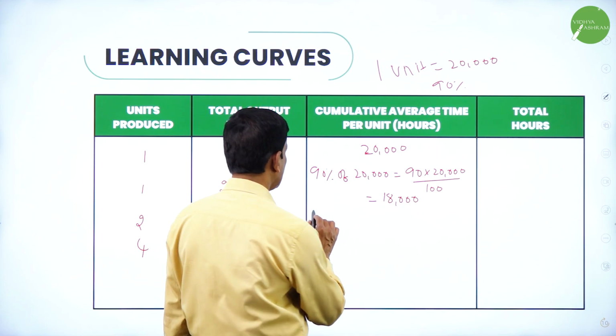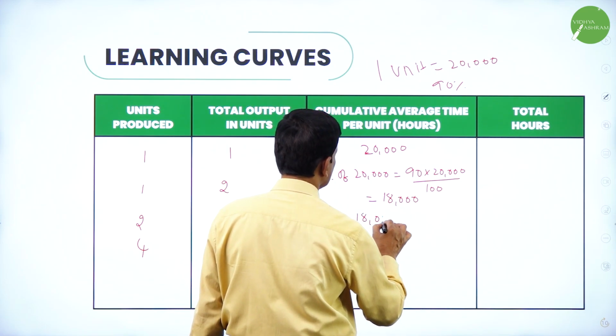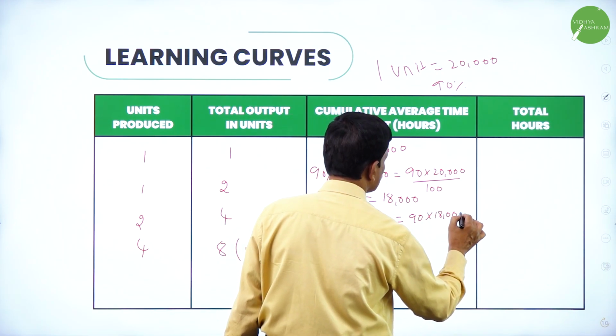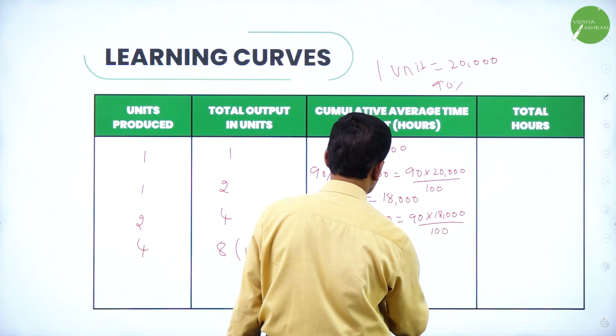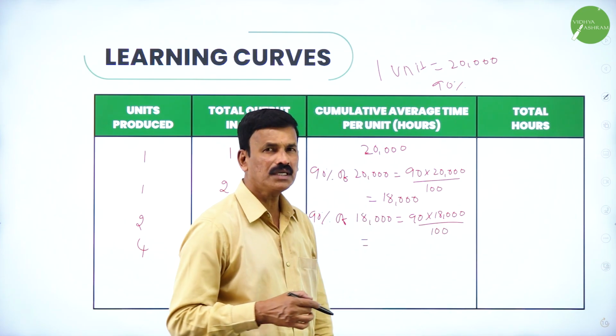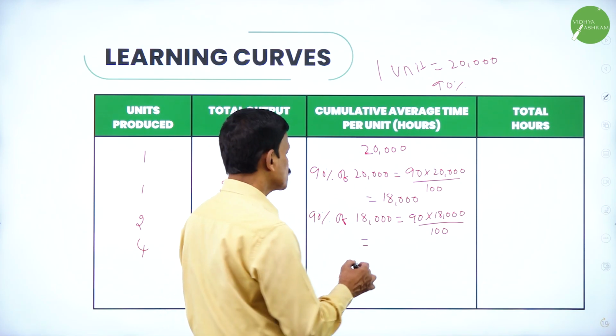Again, 90% of 18,000, that is 90 into 18,000 divided by 100, is equal to 16,200.